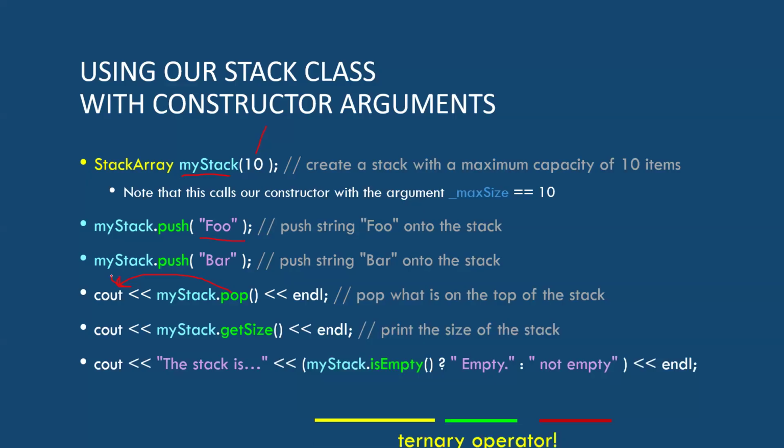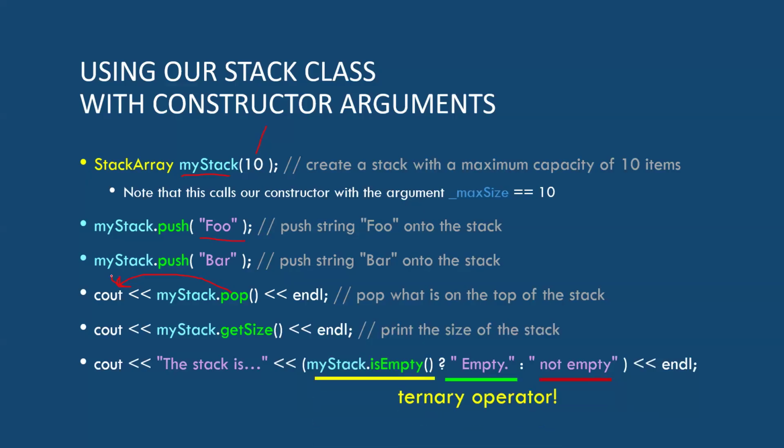And for those of you who have not used the ternary operator before, I won't try to hit you over the head with it, but it is very nice in situations like this where we say, hey, are you empty? Yes or no? And if it's yes, then the word empty goes into the stream. Otherwise, not empty goes into the stream. So this is just my way of taking a binary value, true or false, and turning it into a word.